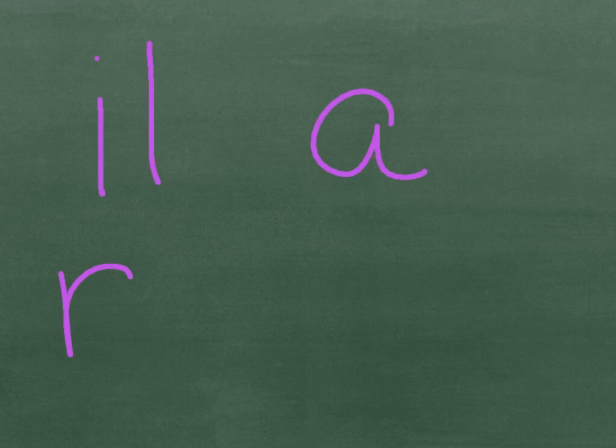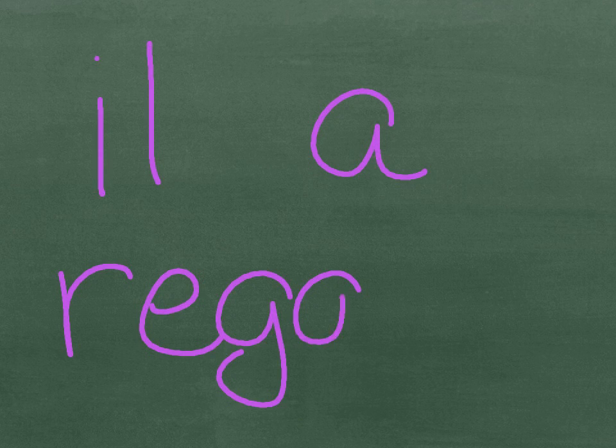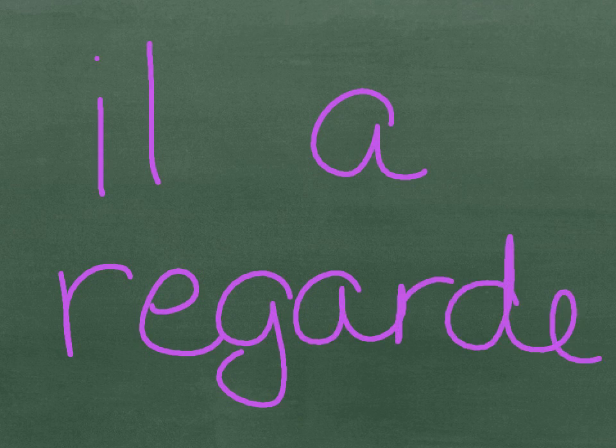Let's try another one. How about he didn't look at anyone? He looked would be il a regardé. So where is the ne going to go? Now where is the personne going to go?